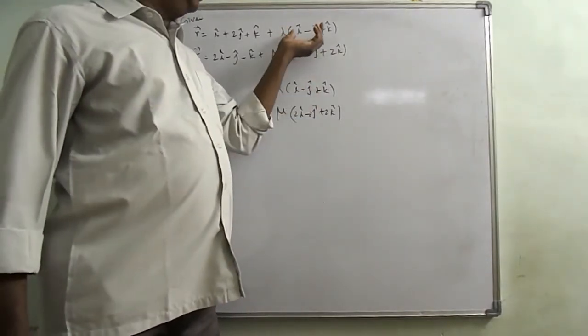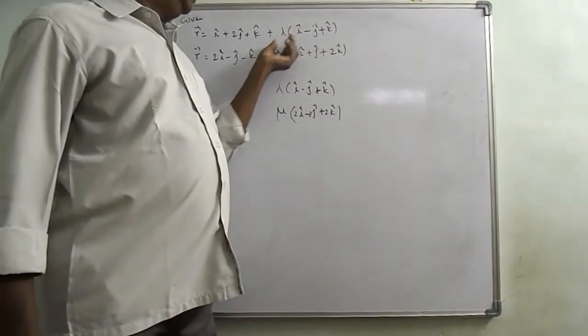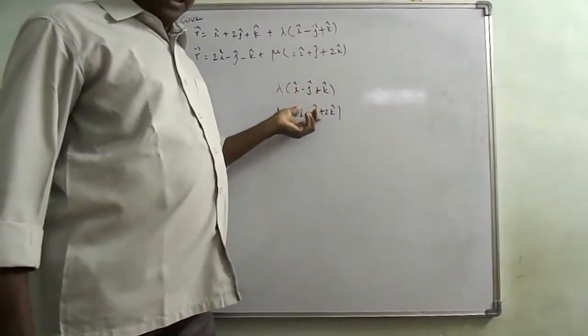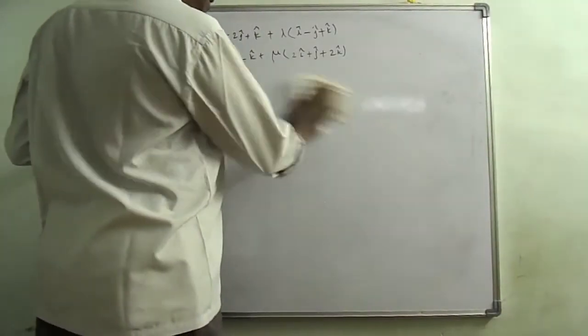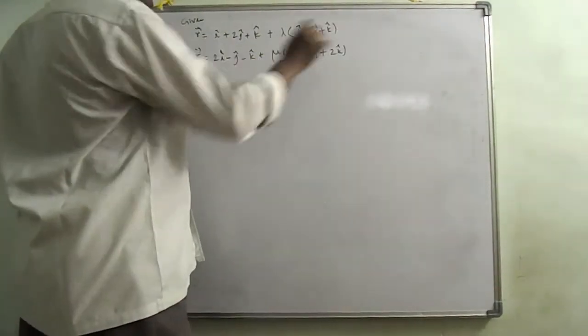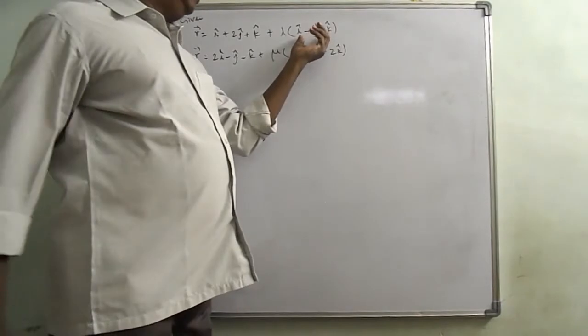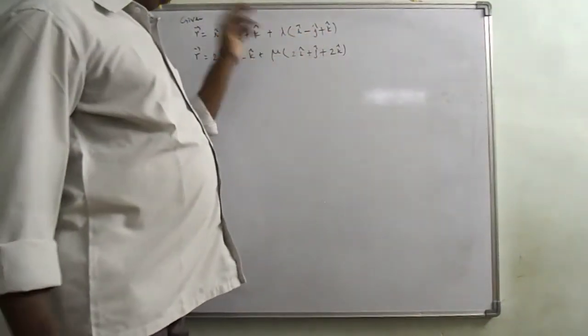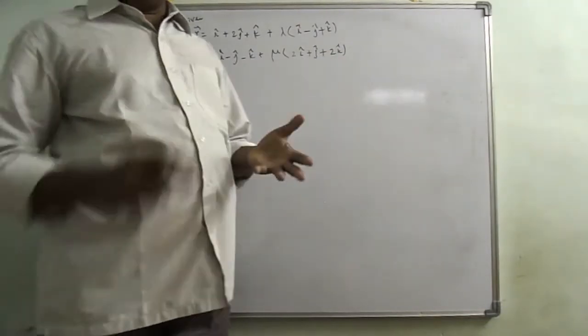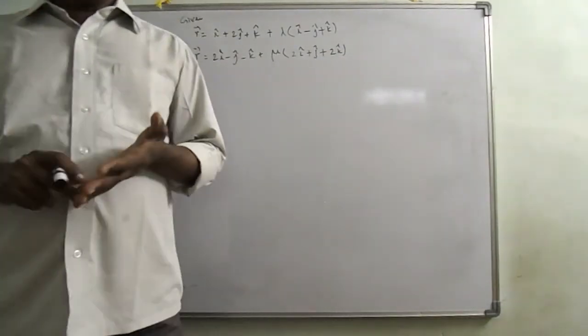If those vectors within the bracket are in this form, they are parallel lines. But here these two are different, so we cannot compare these two vectors. Therefore, since they are different, the given lines are either intersecting or skew lines.